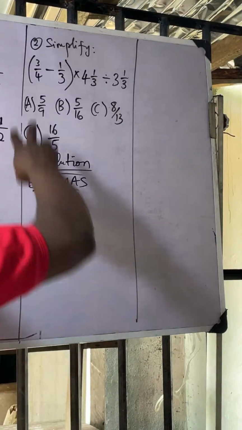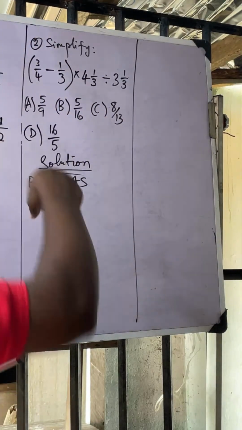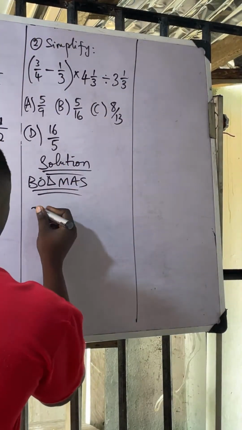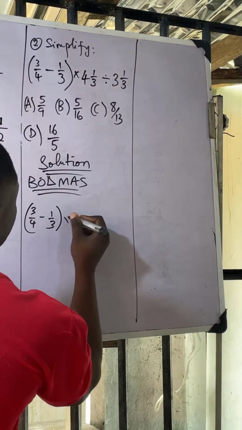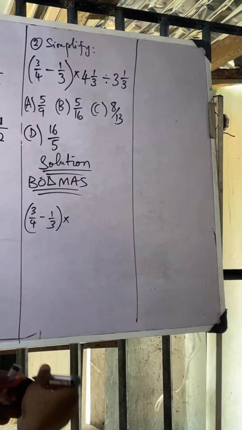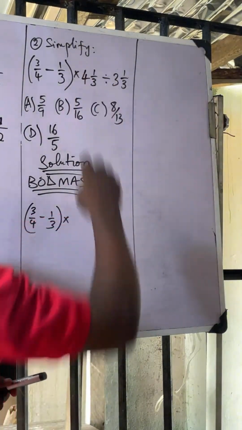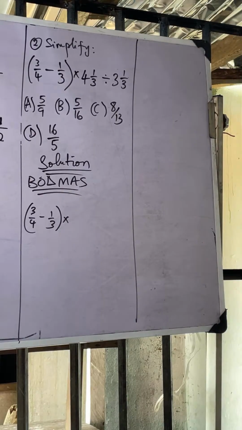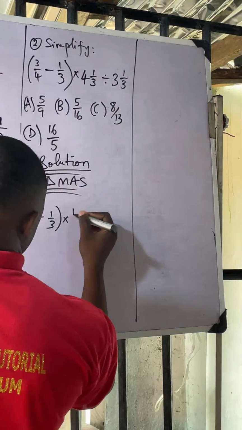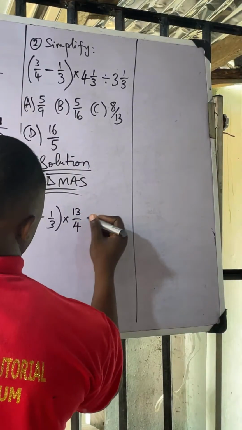What do you need to do? I can still have 3 over 4 minus 1 over 3, close the bracket, times. I want you to be the one to change this from a mixed fraction to an improper fraction. 4 times 3 is what? 12. 12 plus 1, so we have times 13 over 4.